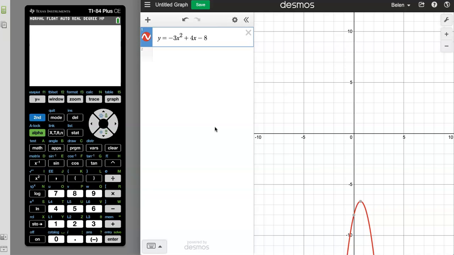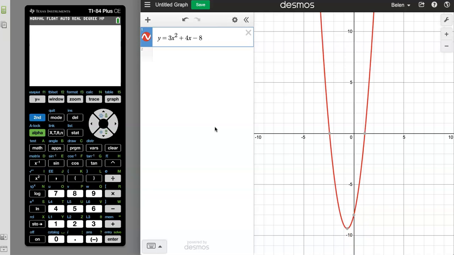It's upside down. So I'm going to keep it positive for now because what I want to show you is that a zero is just another name for an x value. So if I'm using Desmos, these two points right here where the parabola crosses the x-axis, those are what we would call our zeros.